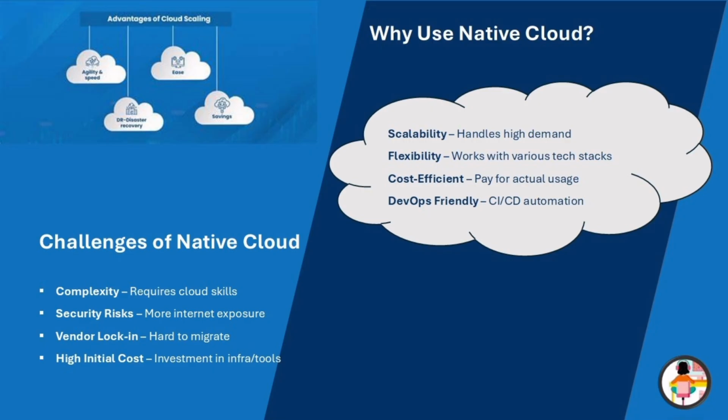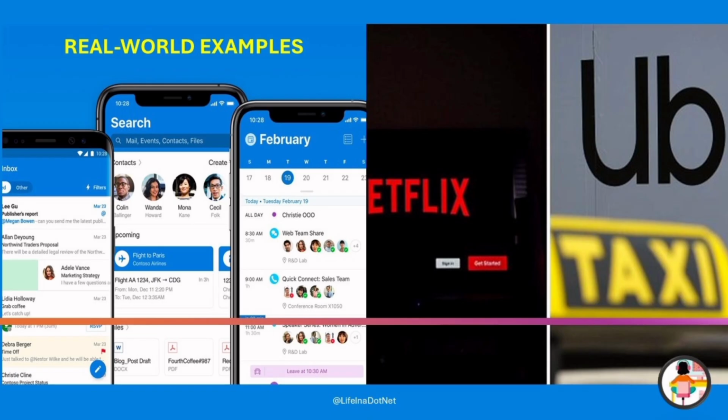Once you pick a provider like AWS or Azure, migrating can be tricky. And there is a higher initial cost. Setting up cloud native infrastructure takes effort and investment. So, before going cloud native, you need to evaluate if it's the right fit for your project.